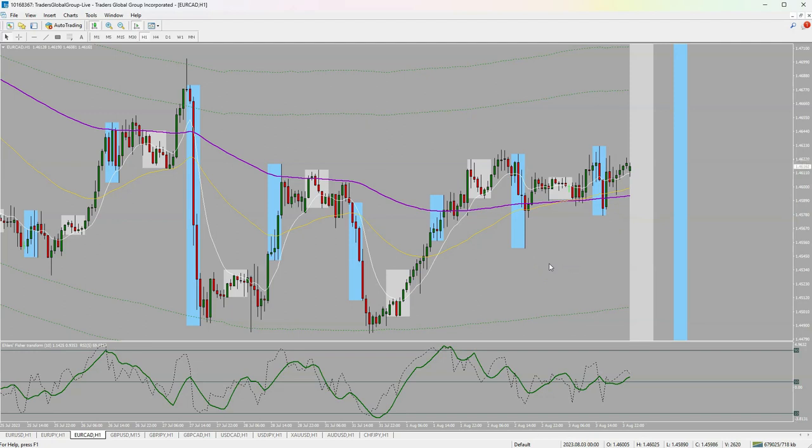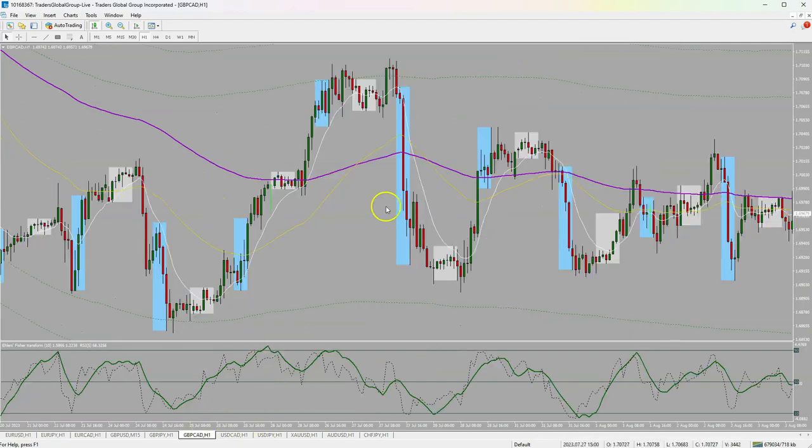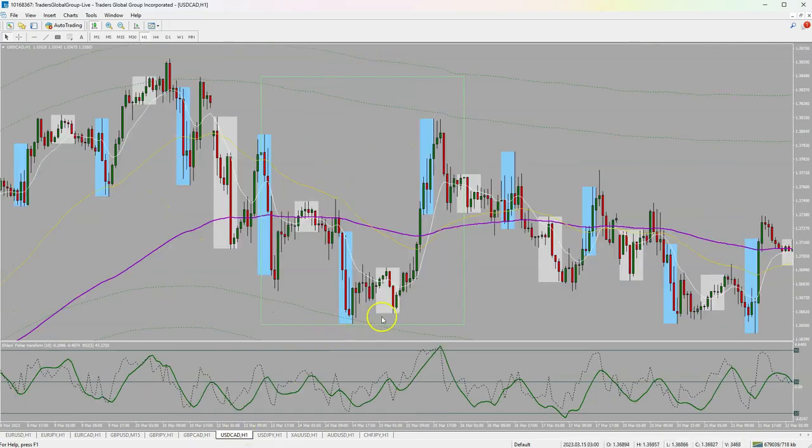So if I put a line on top of my first hit, the third hit never closed above that. In those previous examples I showed, like this one, the third hit, right here, closed higher than that first hit. On this one, this third hit right here closed lower than that first hit.